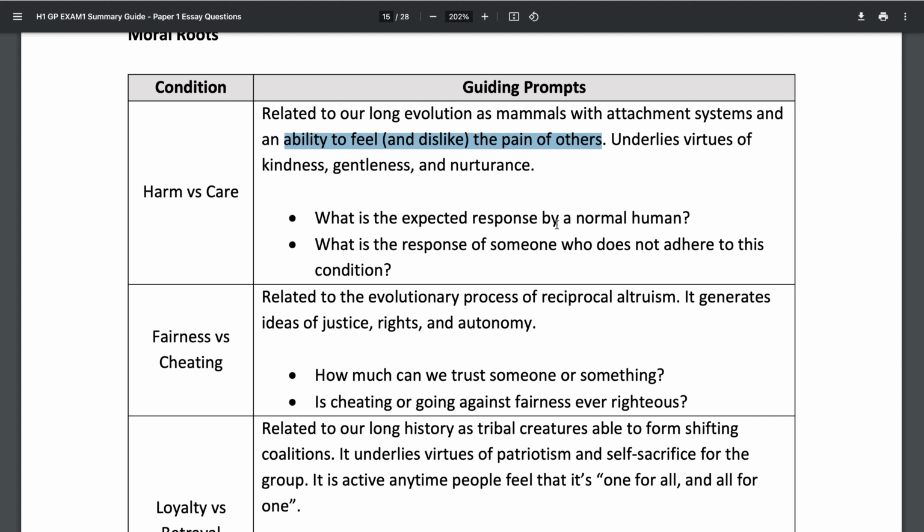of others. But please consider, in terms of range, what is the response of someone who does not adhere to this condition? You can call them sadistic, you can call them selfish, whatever, but they are still human and their intent matters. So what would someone who doesn't adhere to care do in that context?